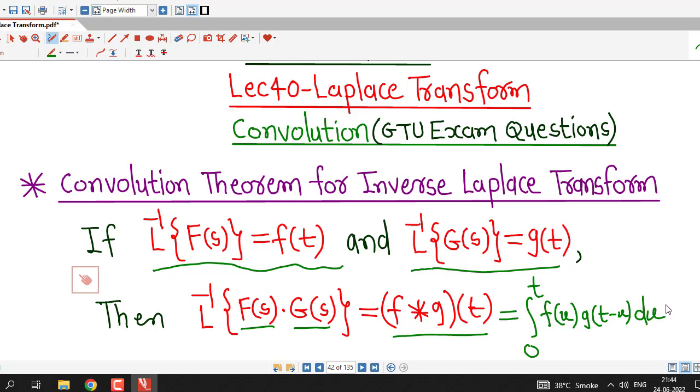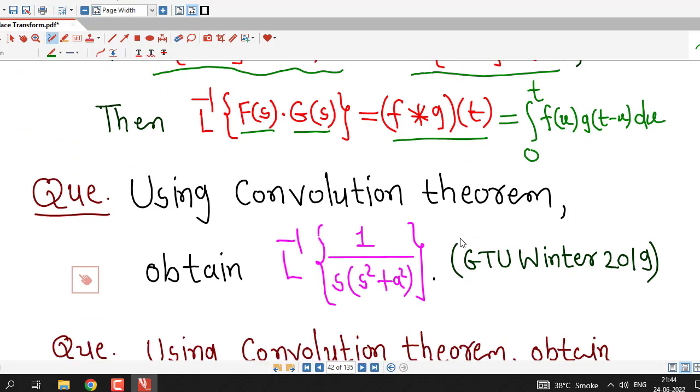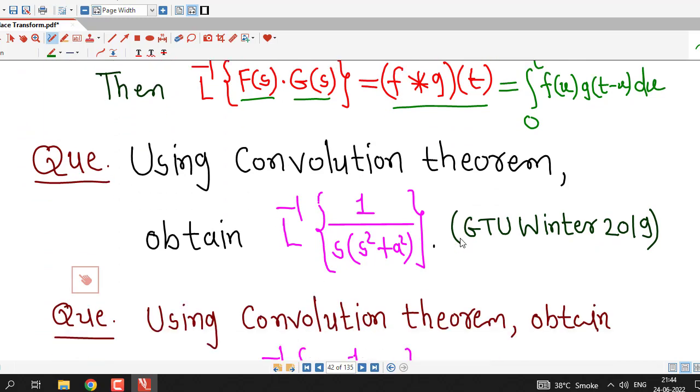Integral has limits u equal to 0 to t. We can find out inverse Laplace transform using convolution theorem.